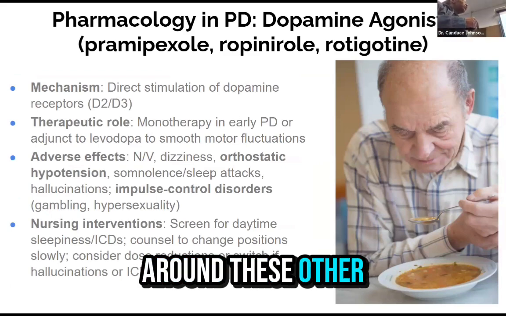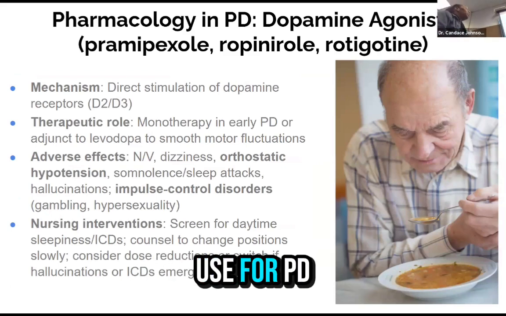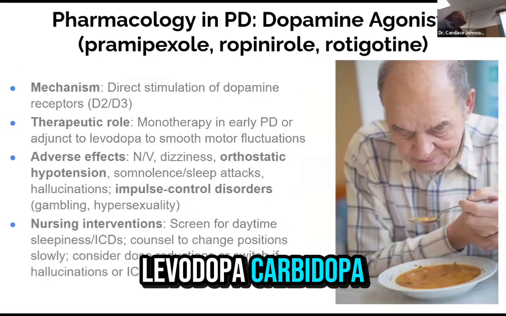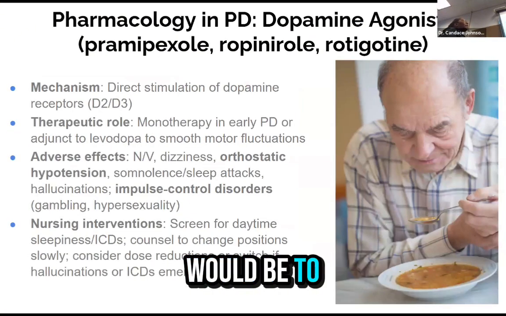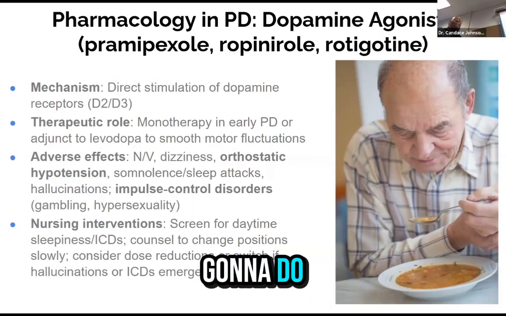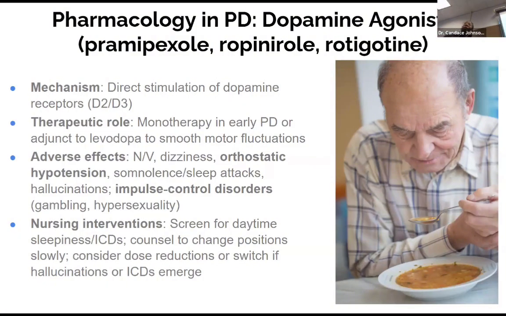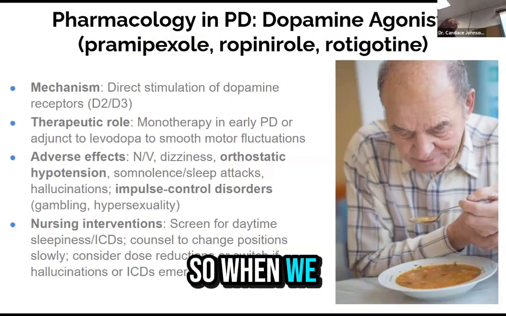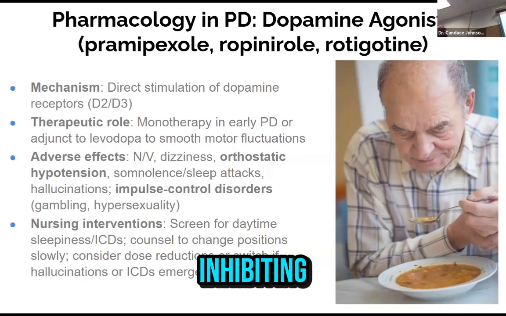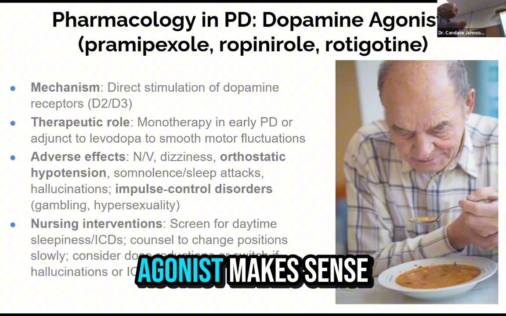All right. So the pharmacology around these other drugs that we use for PD besides levodopa carbidopa would be the dopamine agonists, right? If it's a dopamine agonist, what is it going to do? Yes, absolutely. So when we see agonists, we know that it's helping it to do the thing more. Antagonists are somehow blocking or inhibiting. All right, so dopamine agonists make sense, right?